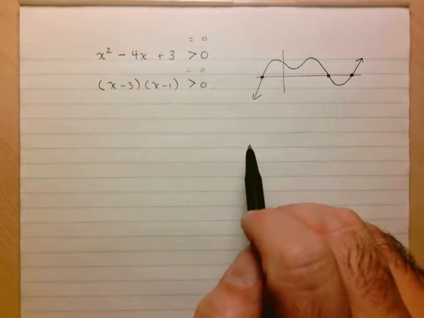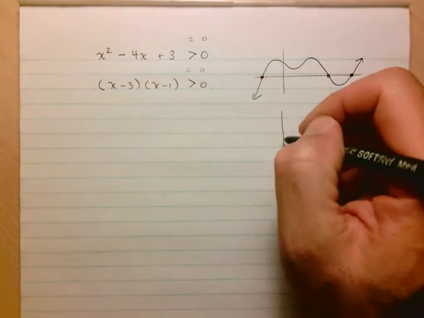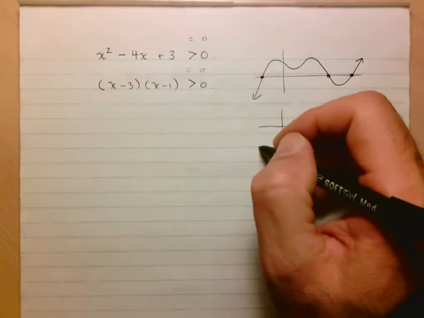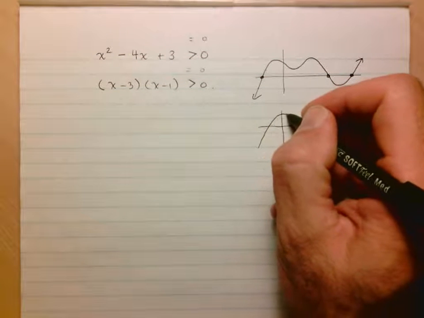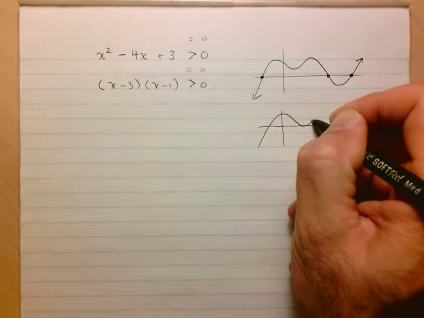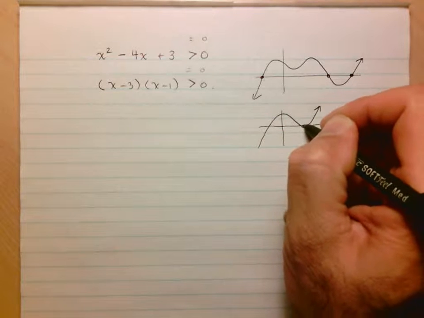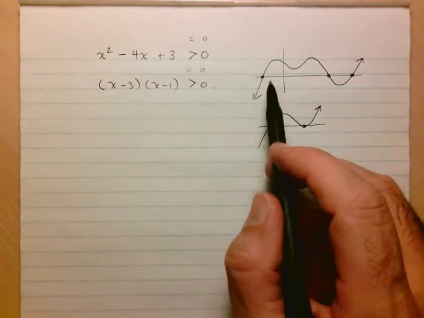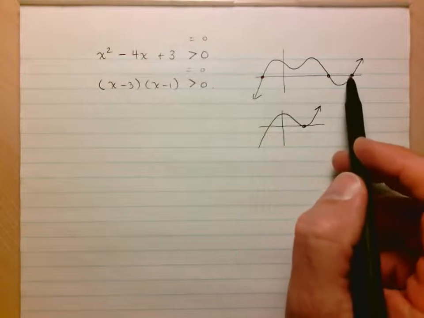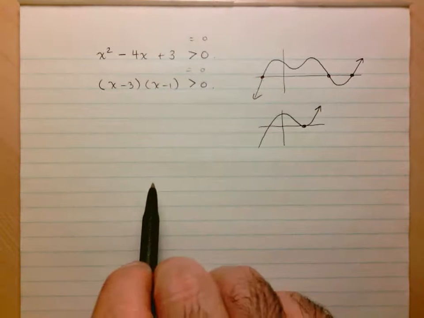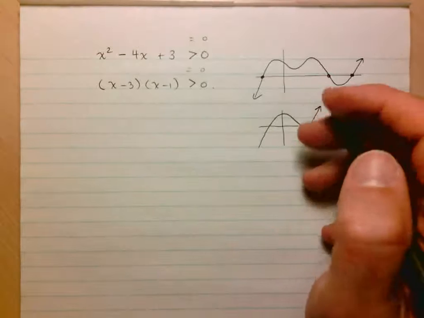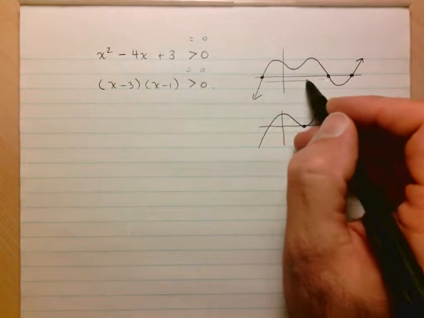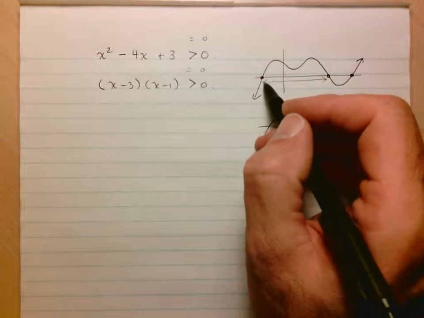Now be careful, it doesn't have to change sign at an x-intercept, because if you have, say, a zero of order 2, it might be equal to 0 here but doesn't actually change sign. But if we're looking for where it changes sign, that can only happen at an x-intercept. The other thing to think about is all the points in between two x-intercepts.